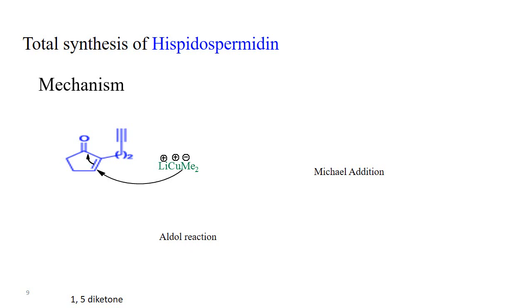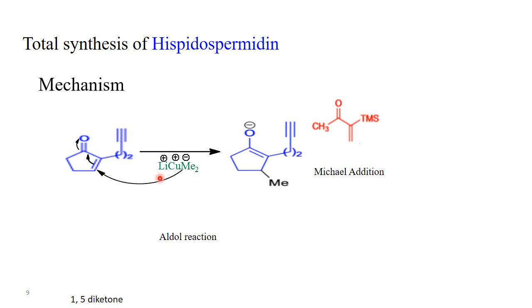This 1,5-diketone shows intramolecular aldol reaction and is converted to the enolate. This enolate reacts with the carbonyl carbon and gives us this type of anion, and this anion, after accepting a proton, gives us beta hydroxyketone. That beta hydroxyketone upon dehydration gives us an alpha beta unsaturated cyclopentanone ring.